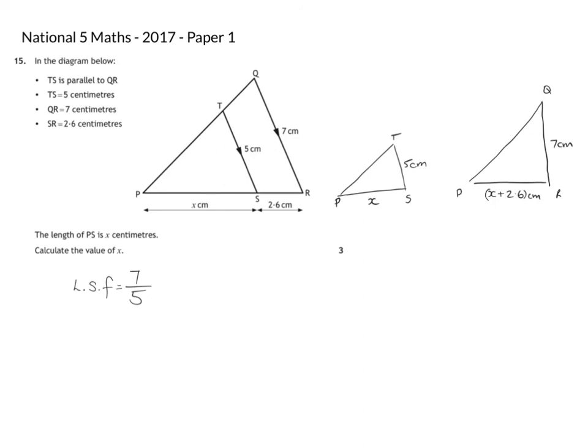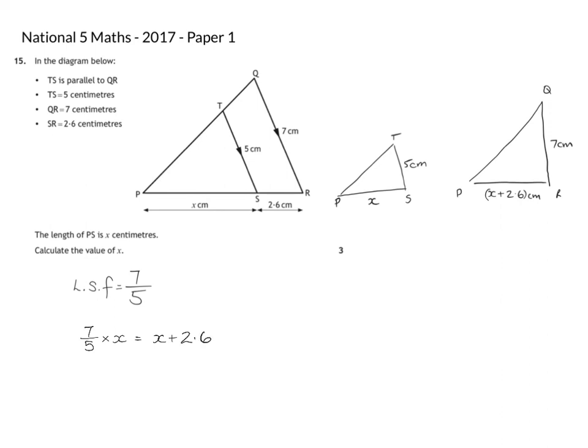So what this is telling us is that to go from our small value to our big one, we have to times by 7 over 5. So that means that this value here is the same as 7/5 of this one.